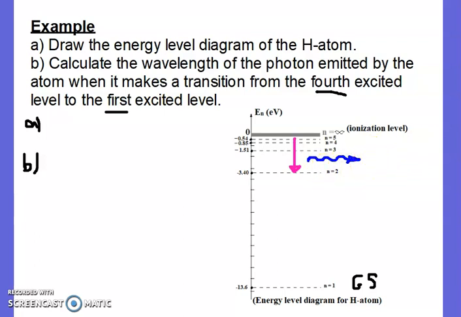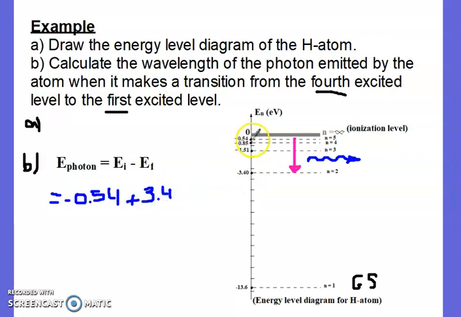You know the rule. According to Bohr's second postulate, energy of the emitted photon is equal to the initial energy of the atom minus final energy, right? Here it is. Now we replace here initial energy is minus 0.54 minus final energy, minus 3.4, so plus, because minus times minus is plus.